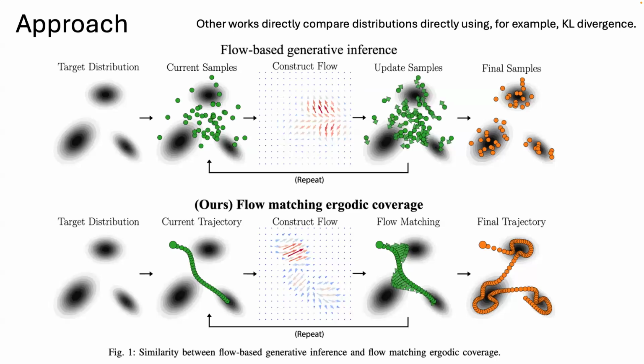But the main assumption here is that you have some known dynamics. How do you get this ground gradient, for the target distribution?